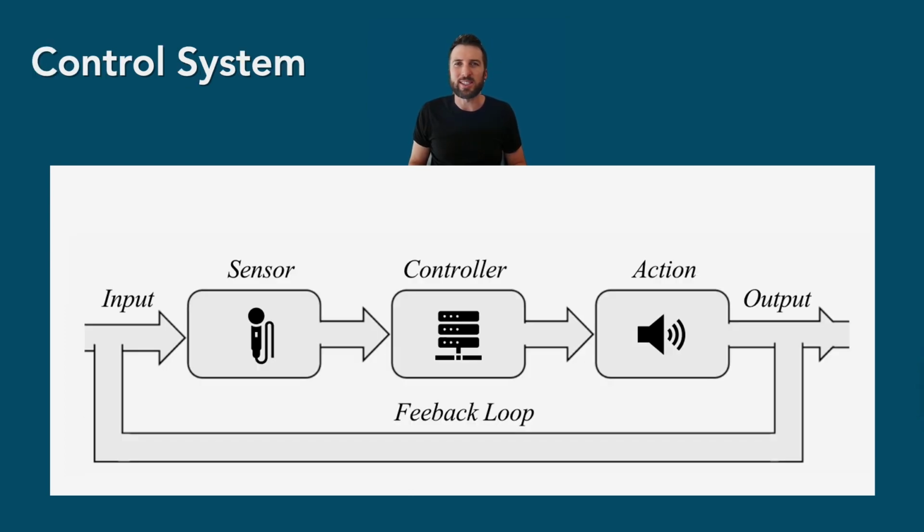A critical system used to create order, and used in life a lot, is control systems. Control systems essentially have a sensor which senses inputs from the environment, a controller which dictates what action should be taken from that sensor, and the action outputs results into the environment. One example seen in biology is the flagellum, which is a small hair protruding from some cells, and sensors in the cell sense: is the environment favorable or not favorable?